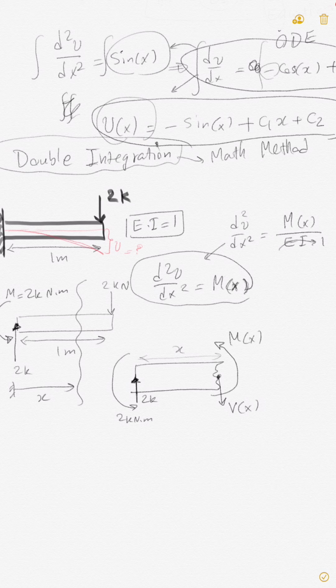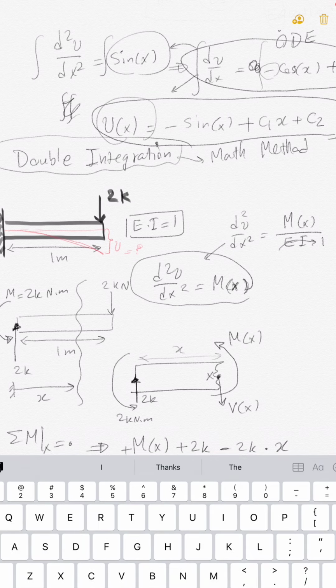Now summation of moment about point x is 0. That would give you M of x with positive sign. V doesn't have a moment. And then you go plus 2K Newton meter, negative 2K times x is equal to 0.